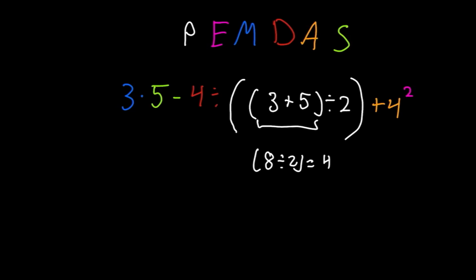So now we can rewrite this as 3 times 5 minus 4 plus 4 squared. And then we're going to do the exponent. So 4 squared is going to be 16. So I'm going to quickly erase that.